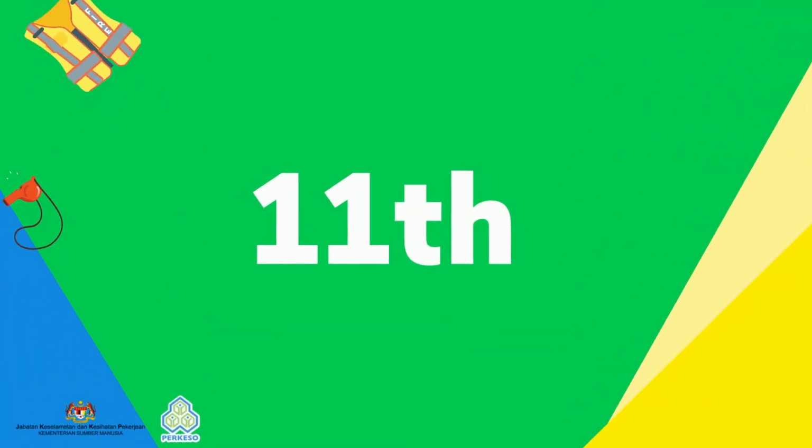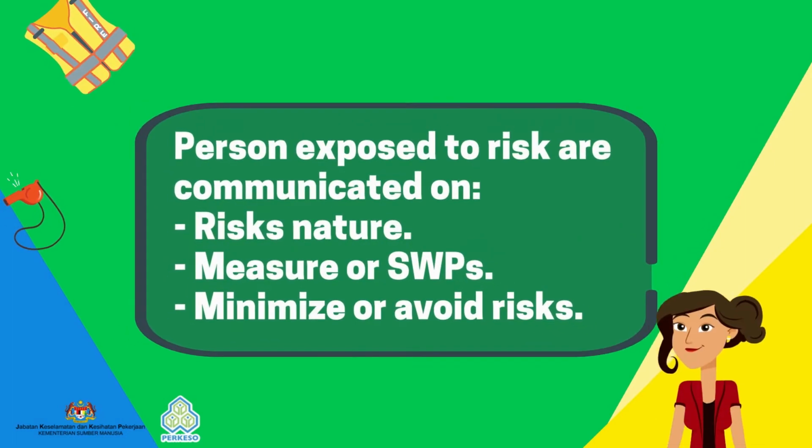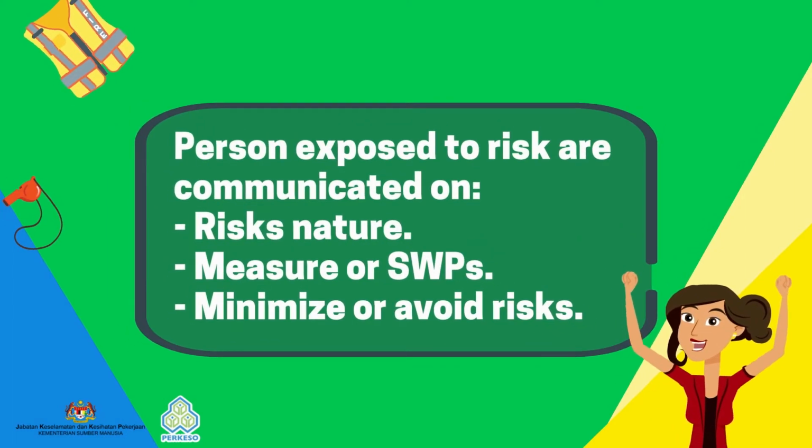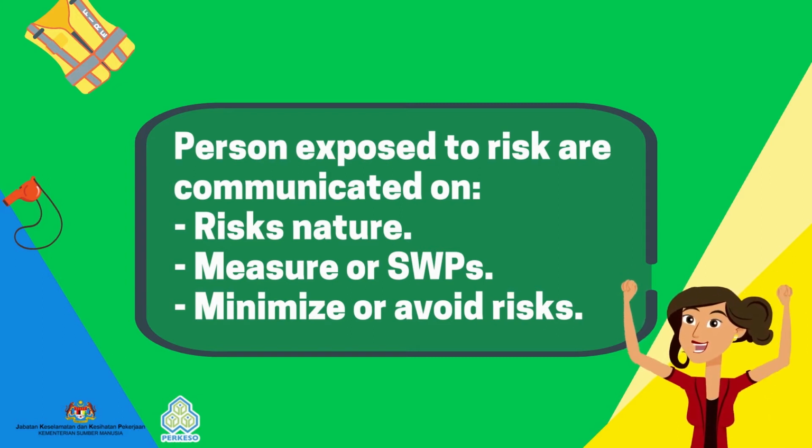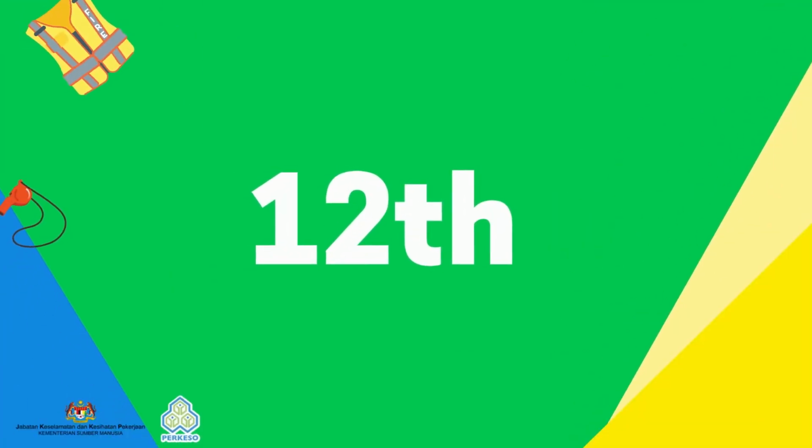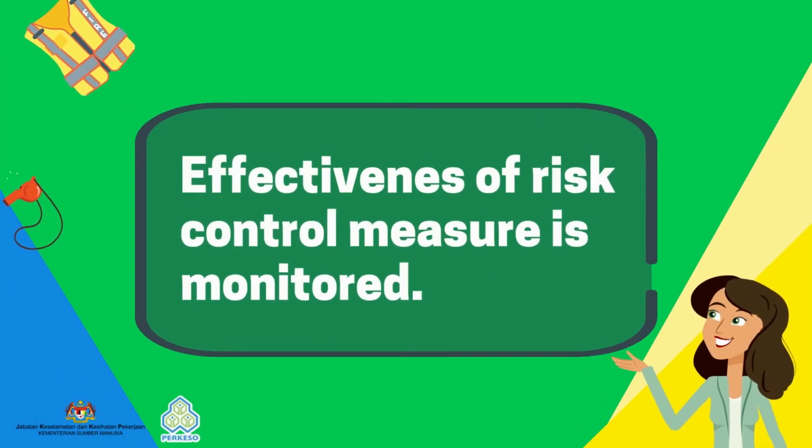The next four of employer duties are to ensure that all persons exposed to the risks are communicated on the following: the nature of risks, any measures or SWPs implemented, and the means to minimize or avoid the risks. Next one is to ensure that the effectiveness of the risk control measures is monitored.